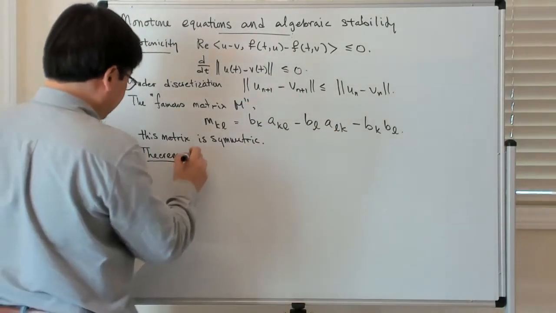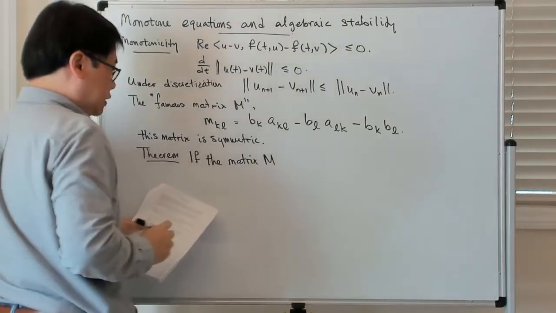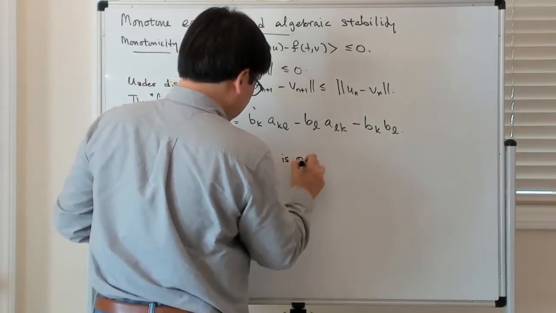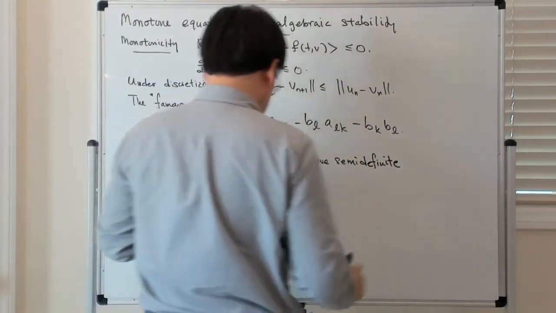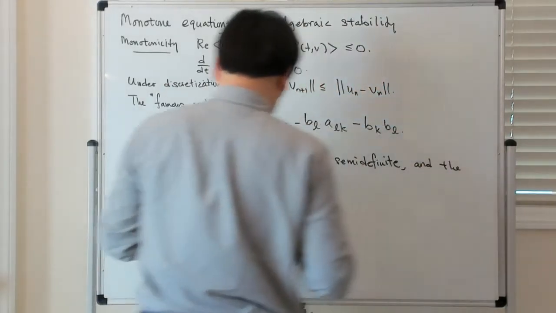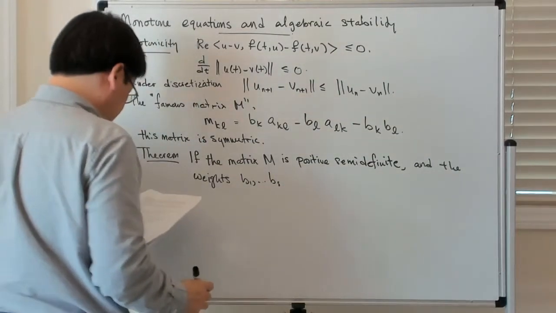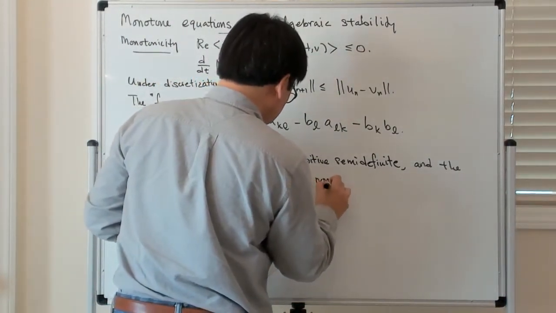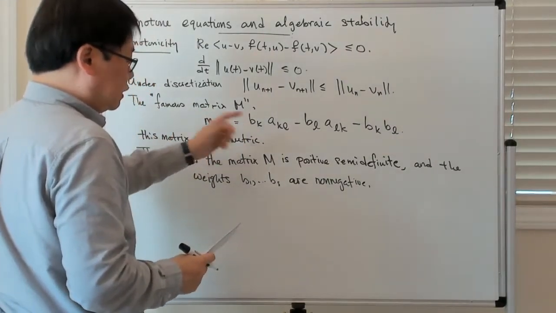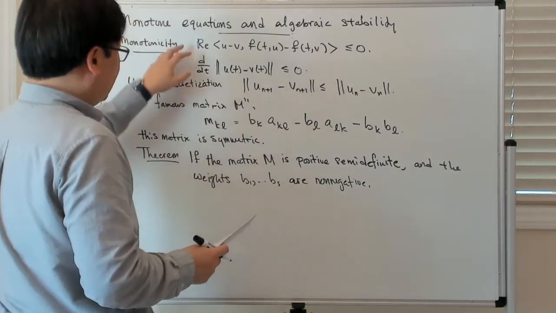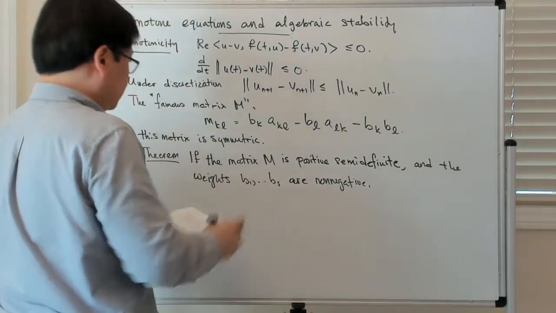Okay, all right, so if the matrix M, whose coefficients are given by this, is positive semi-definite, and the weights B1 to Bs are non-negative, then we say that the Runge-Kutta method is algebraically stable, which is to say, again, that if you applied the method to a vector field satisfying this property, it has this monotonicity property.